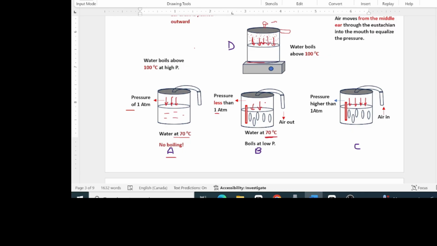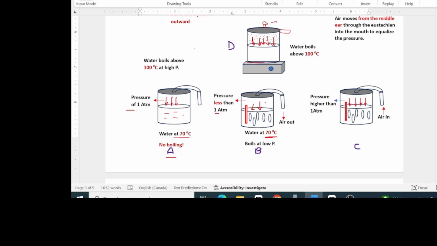And the temperature at which it boils will depend on the pressure above the water. The lower the pressure, the lower will be the boiling point of water. So people living in mountainous areas now will have their water boil at temperatures far less than 100 degrees Celsius because of the low pressures that are experienced there.